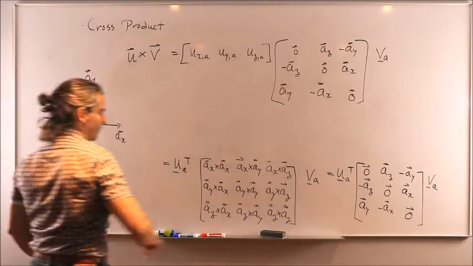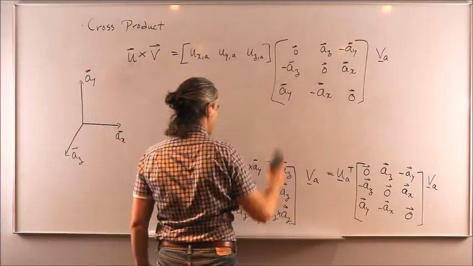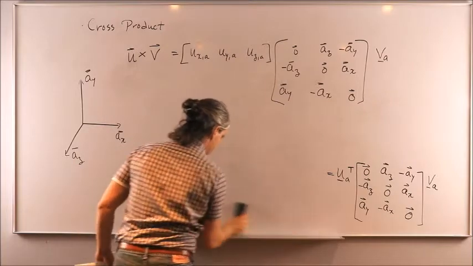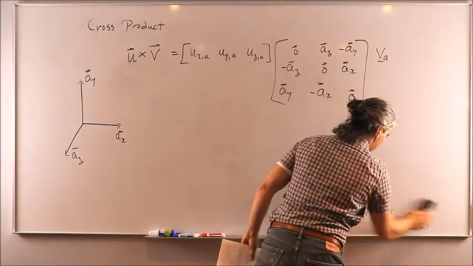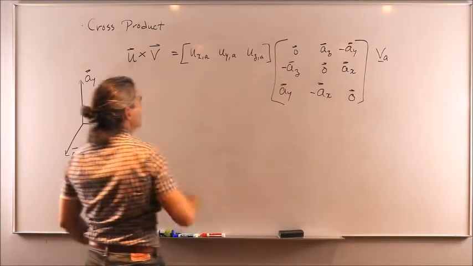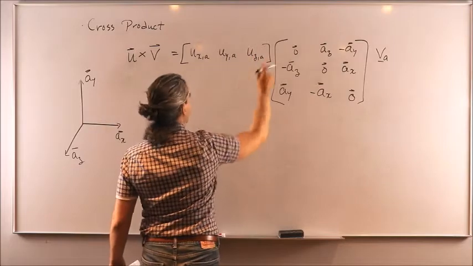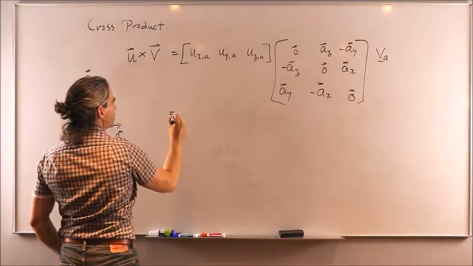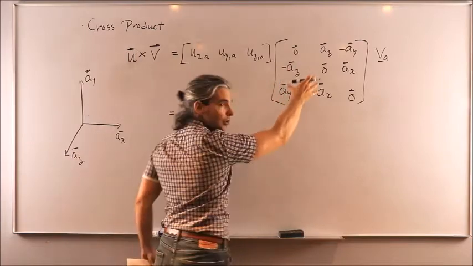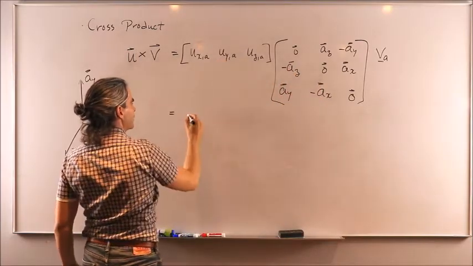Turns out this 1 by 3 times this 3 by 3 can also be rewritten by flipping those two objects together, okay? In other words, the result of this matrix multiplication could also be written by taking what's inside this 3 by 3, putting it into this 1 by 3, and vice versa.